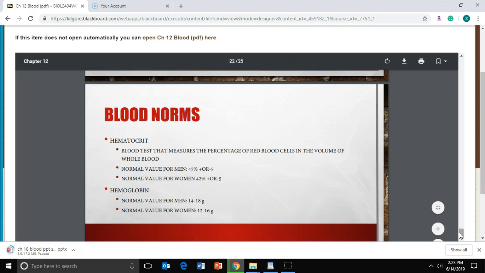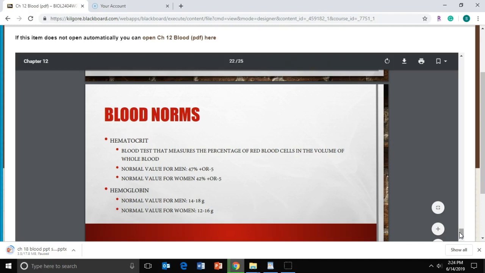In males, you would expect to see 47 plus or minus 5% for a normal hematocrit. So that means from 42%, if you subtract 5 from 47, up to 52%. So if you added 5 to 47, you get 52%. That's normal for men. For women, normal would be 37% up to 47%.